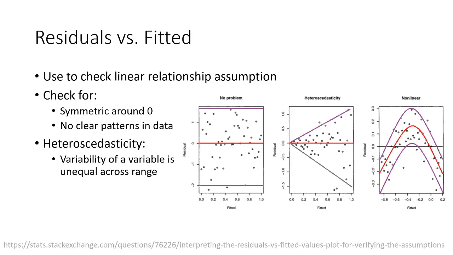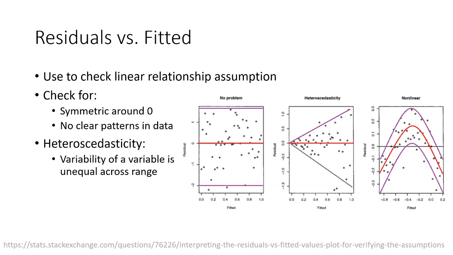So residuals versus fitted. All this plot does, after 6 pages of text, is help you check whether your linear relationship assumption is true for your data. You'll get basically one of 3 outputs. One, everything looks pretty random. Two, the variability seems to increase over time.